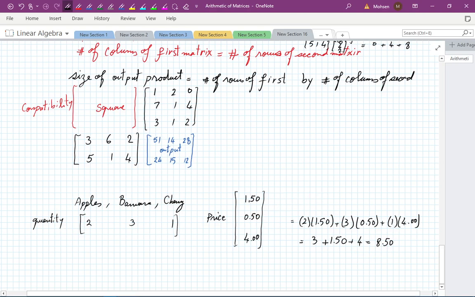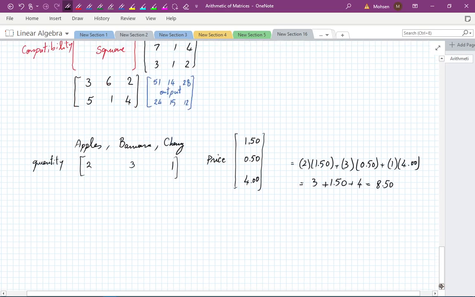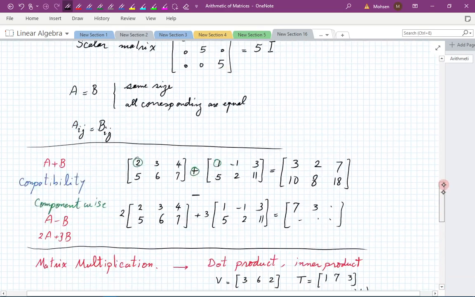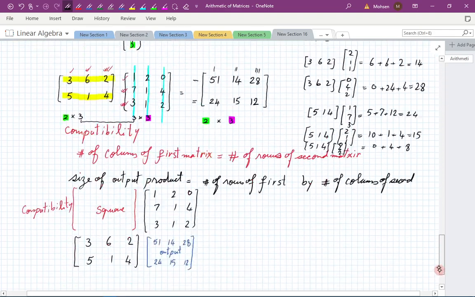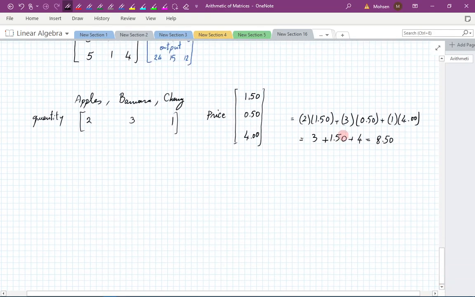So you can build an example of a problem like this, but of course we have much more sophisticated examples coming up later on that are going to help us further our goal. So our goal is to make sense of multiplication, then division, then power, then function. That's where we are going, and we're not all that interested in grocery shopping.